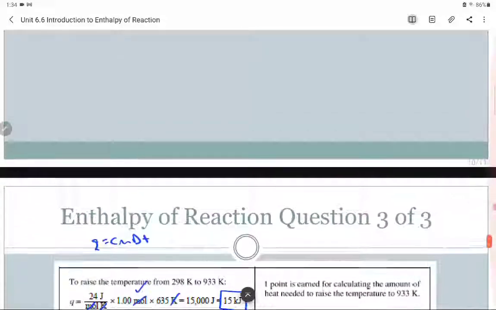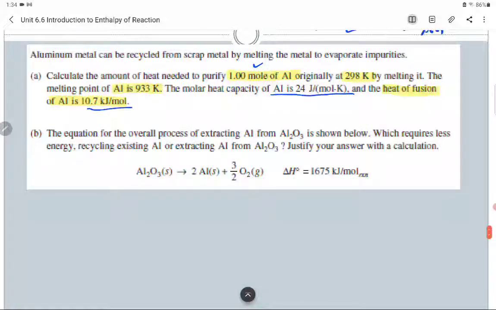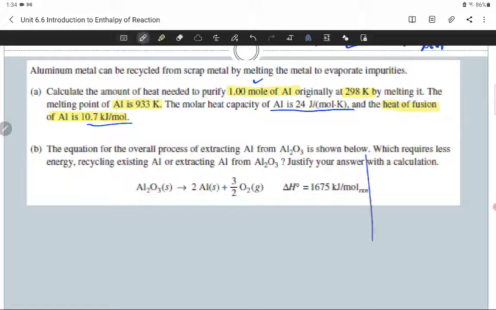And then the last part of this, the equation for the overall process of extracting. So for part A, that was, I guess you could call that recycling. If you wanted to extract it from aluminum oxide, how does that compare with the recycling? So that means we have to get this into the same kind of units.